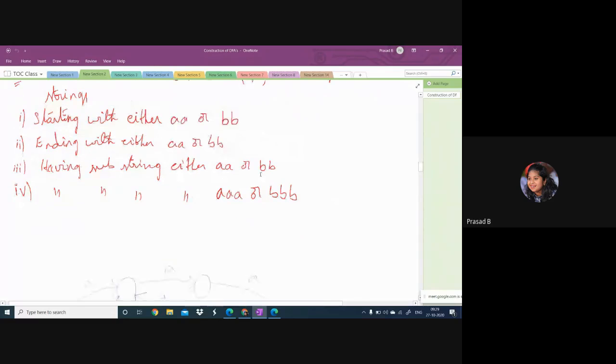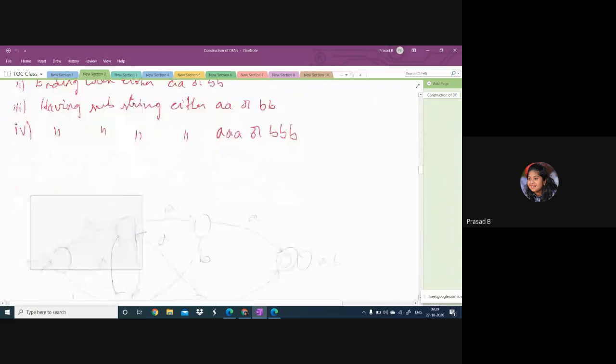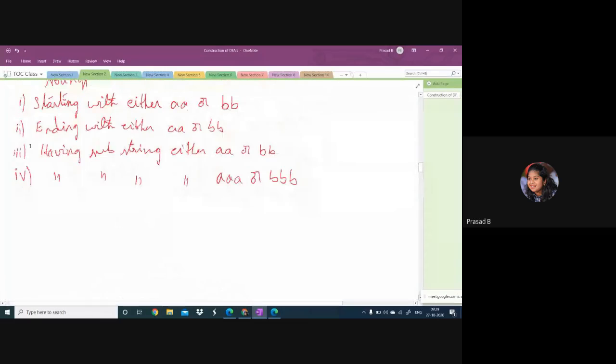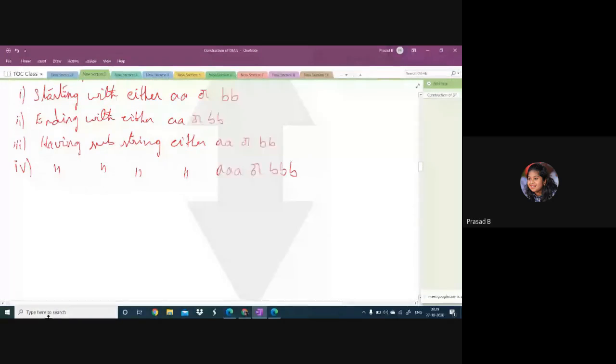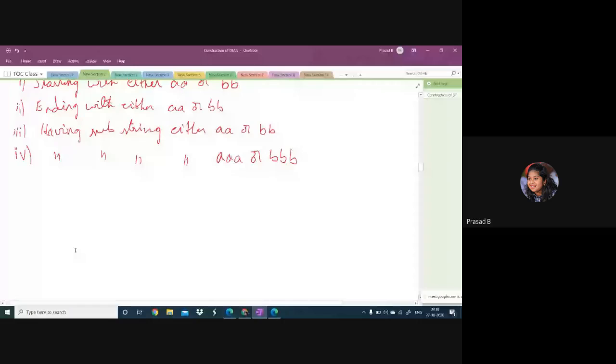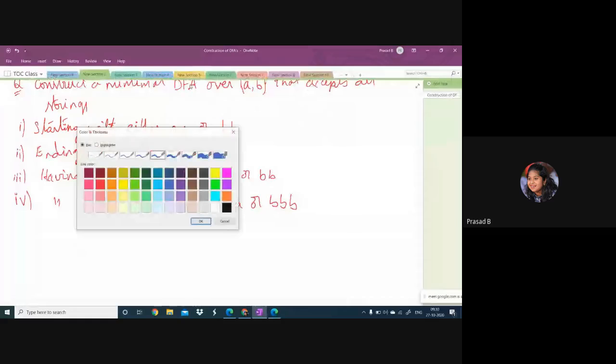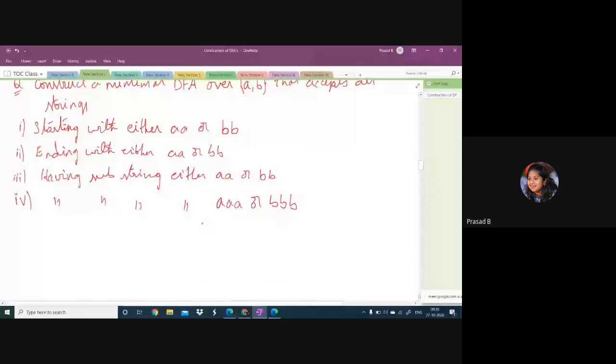Starting with AA or BB. The smallest strings are AA and BB here.